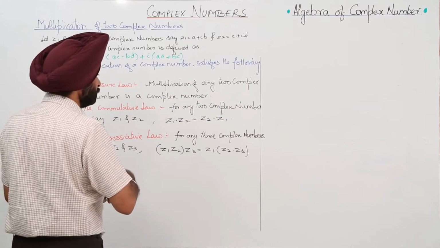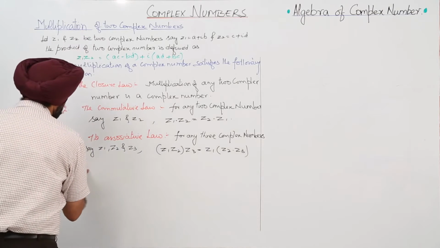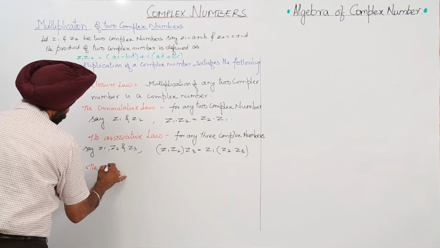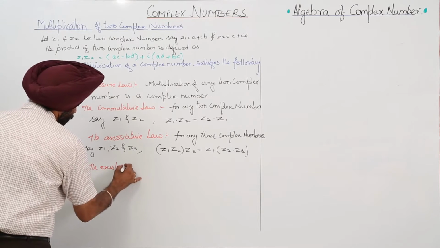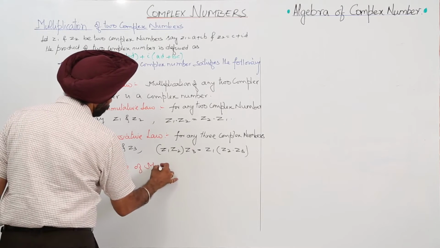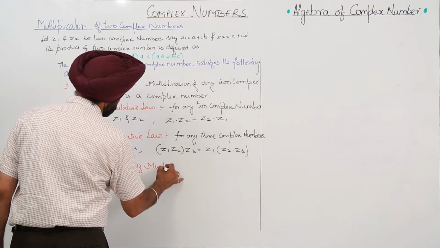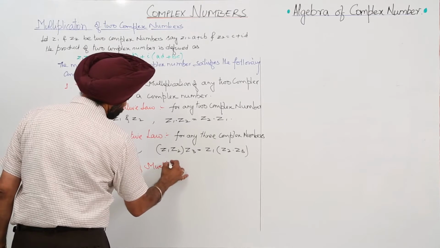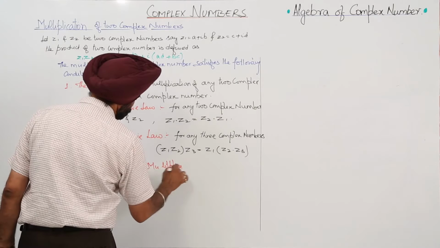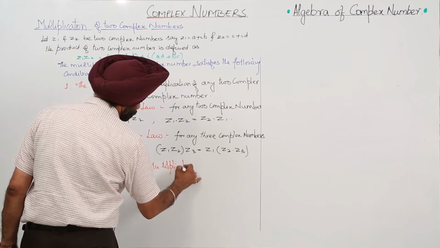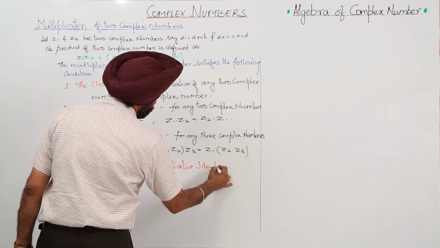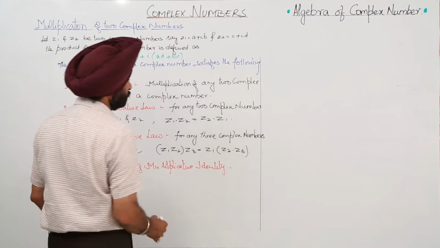Now number 4, the existence of multiplicative identity. This is the fourth property.